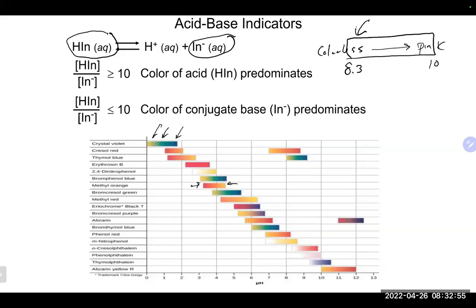The goal of picking the proper indicator is to pick one where you could see an actual color change occur near your equivalence point. So you do want an indicator that will actually change color near that equivalence point. That will give you that visualization that you should stop the titration. That's why phenolphthalein is used a lot, especially with the one like you did before, where you probably did vinegar and some sodium hydroxide.